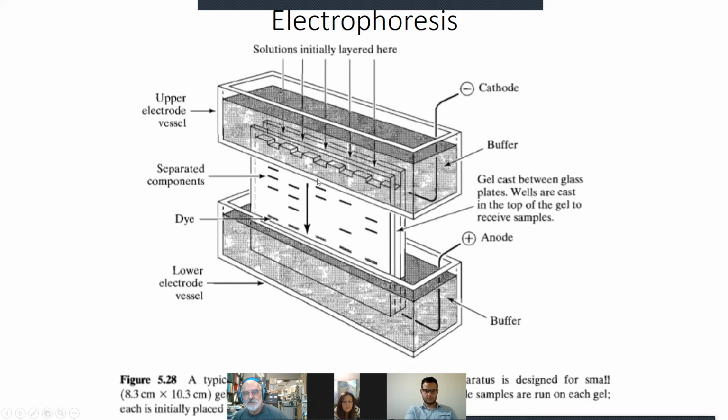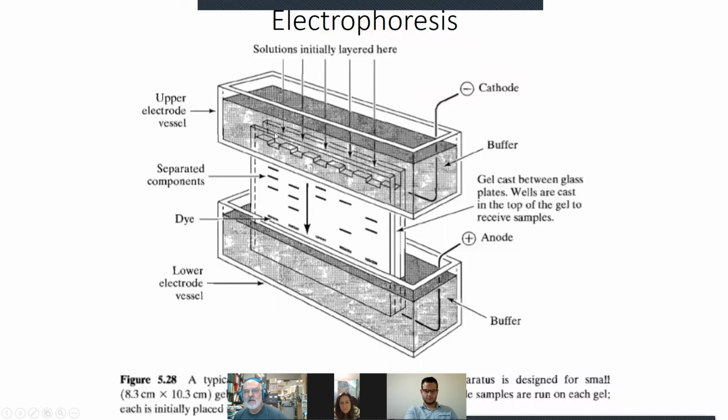And the early gels were run vertically, but they were actually run in tubes. And I'll show you examples of that shortly. So the well in a typical gel was a single tube where you would cast a gel and then you would load on the top. In a gel like this, it's basically a slab that's run vertically.